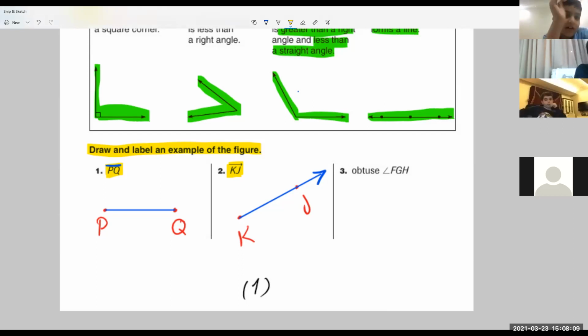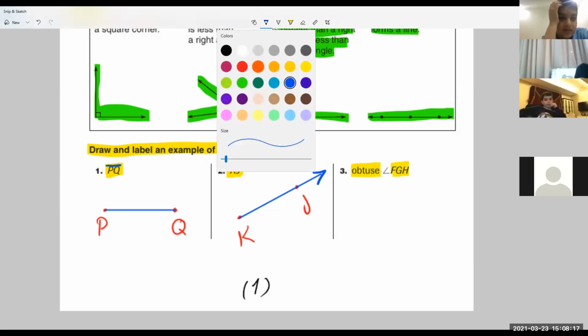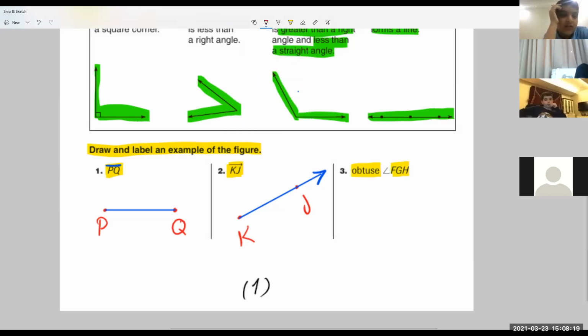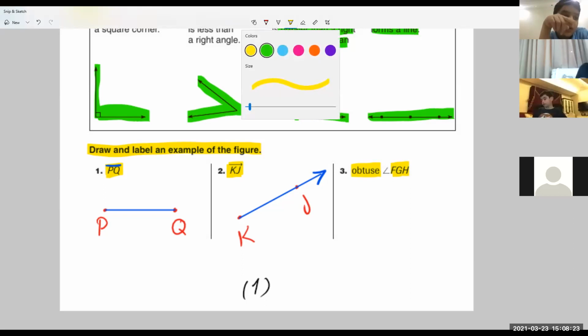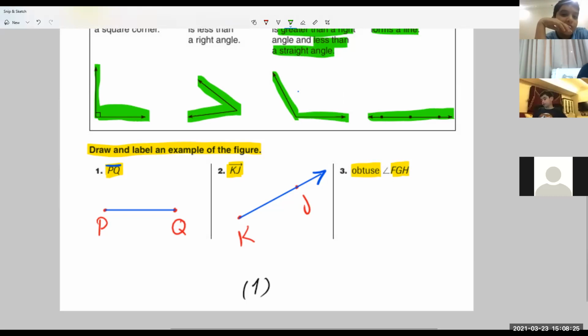Okay, so can you help me now? We want to draw obtuse angle FGH. How can we draw it? First, you will put three dots. How can we put it? Put it like that?